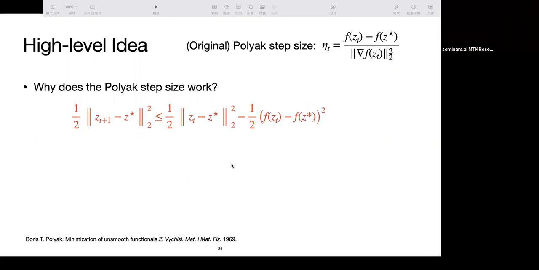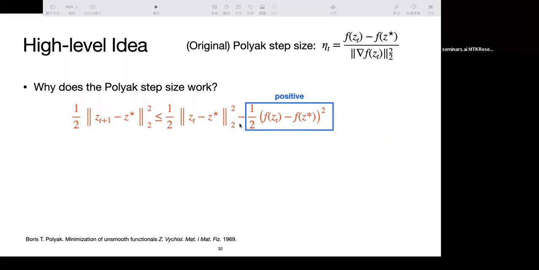It tells us that the distance between the next iterate and the minimizer is smaller than the distance between the current iterate and the minimizer, minus a positive value, because this term is greater than 0.